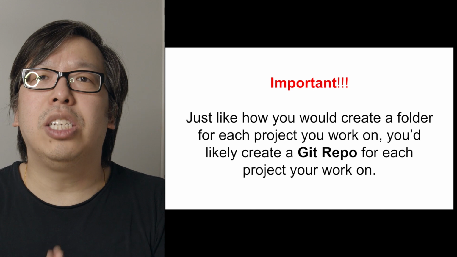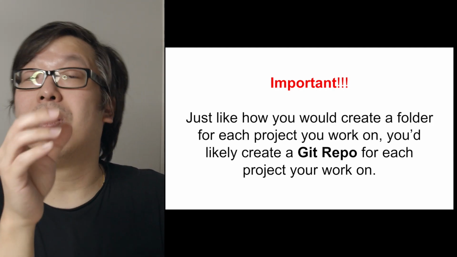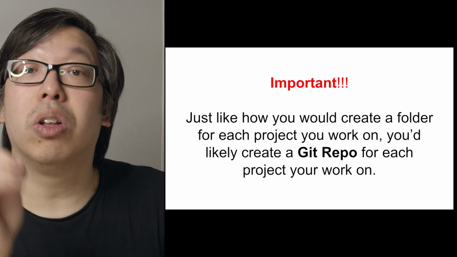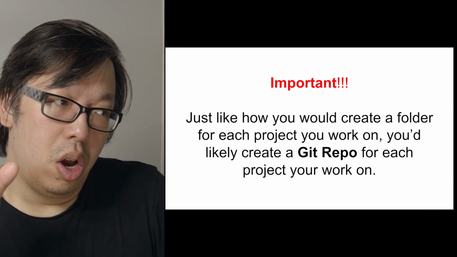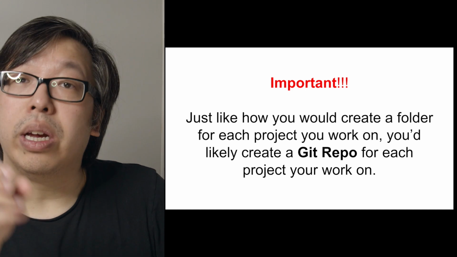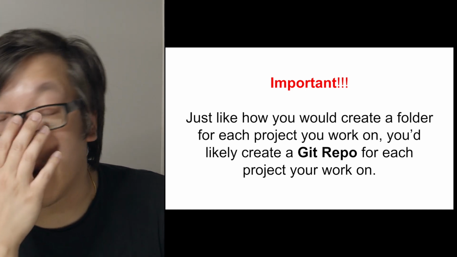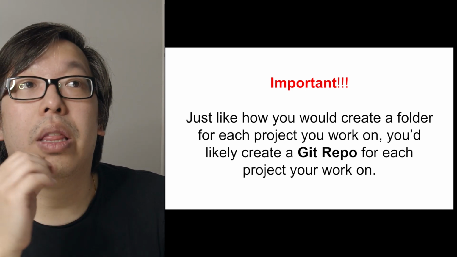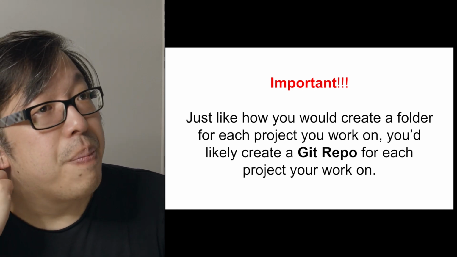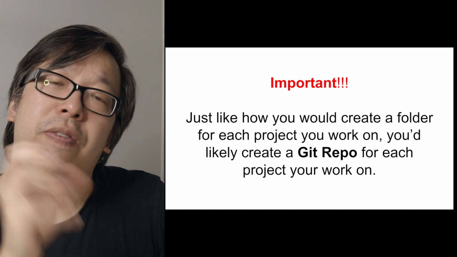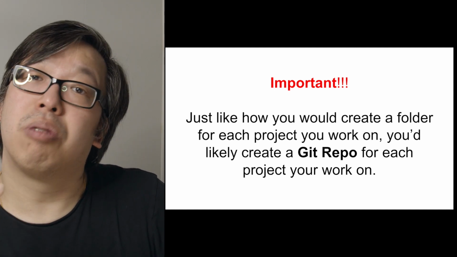Okay, I want to mention something very important. Again, I'll wave to the camera for people who are skimming through, okay? Something that's very, very important because people make this mistake all the time when they start using Git, okay? A Git repository is a folder that Git manages, okay? So what you kind of want to think about is just like you would create a folder for every single project that you make.